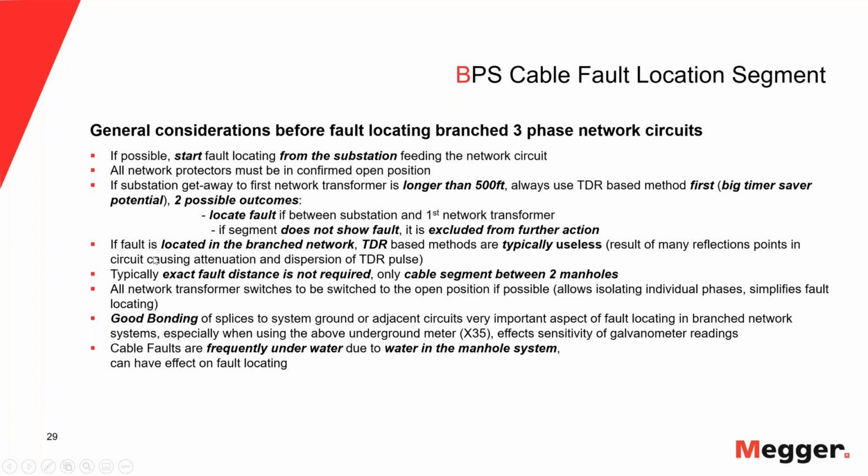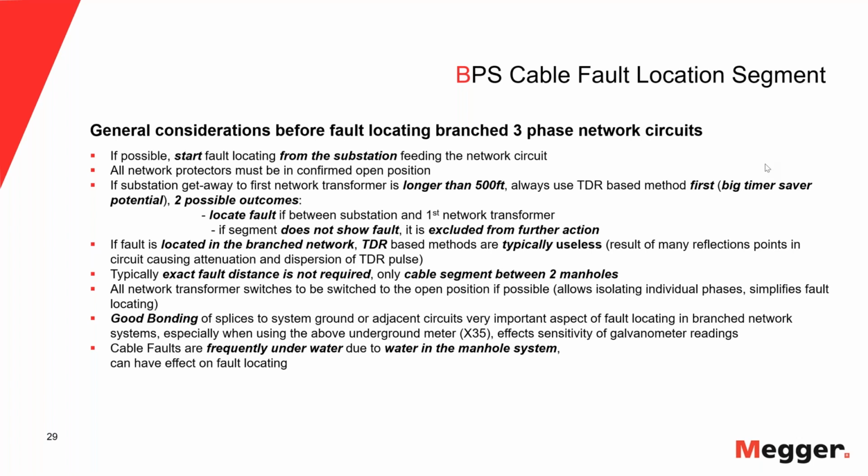So if the fault is in that branch network part, TDR-based methods are useless. And why are they useless? Because, like I said before, the TDR is an impedance measuring device, so it measures impedance changes. Now you can see in a network, I have a lot of splices, and I have transformer terminations. I have all this stuff in, and every time this is associated with an impedance change.